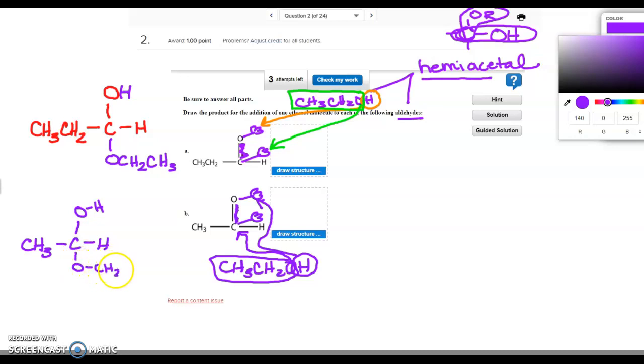You can notice I'm drawing them a slightly different way to identify those bonds a little bit. Does it meet the definition of a hemiacetal? Going this way, it's an alcohol. Going this way, it looks like an ether. It's got that carbon, oxygen, carbon. So it is a hemiacetal. So the product of adding an alcohol to an aldehyde is a hemiacetal.